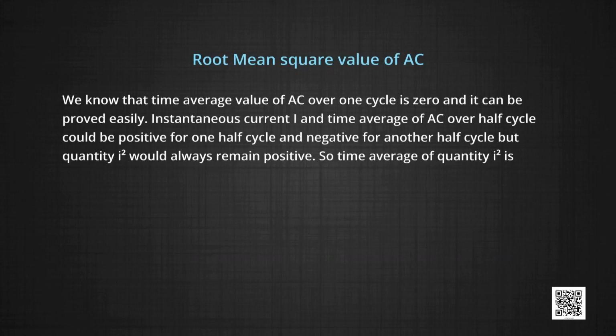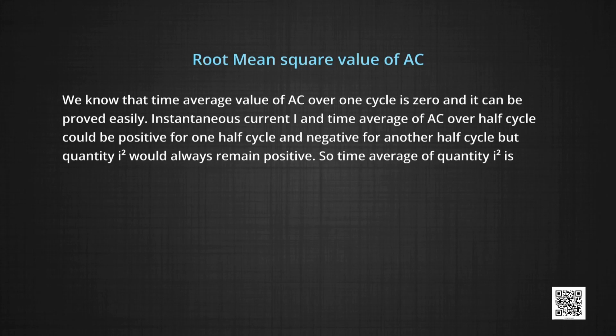Now, as we have seen in the graphics, we can explain what the root mean square value is for AC. We know that the time average value of AC over one cycle is 0, and it can be proved easily.